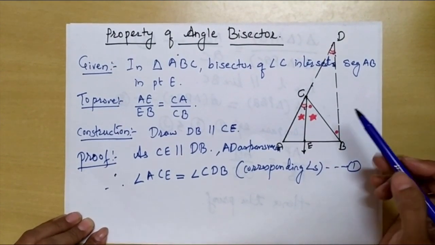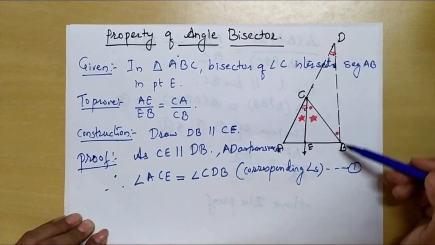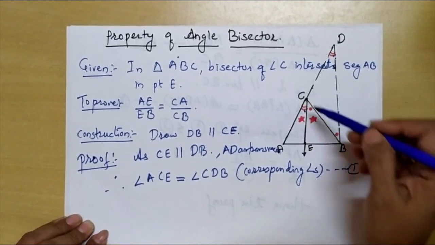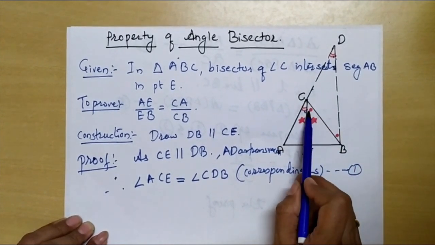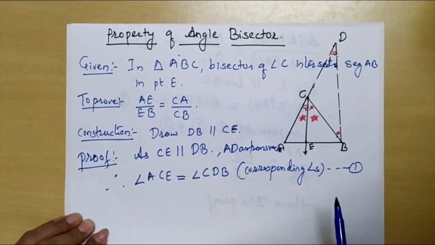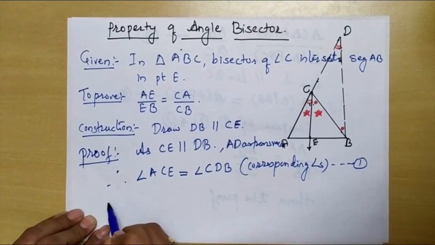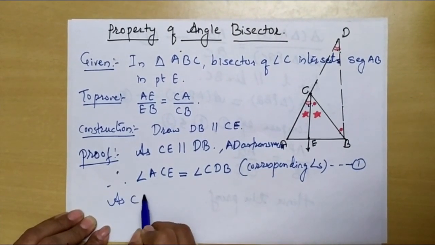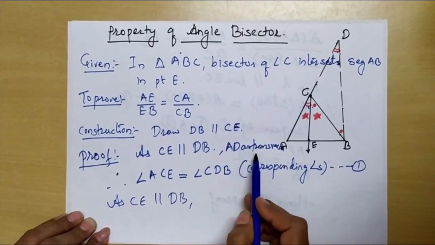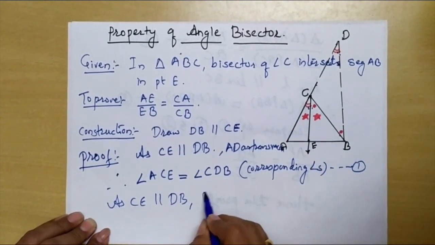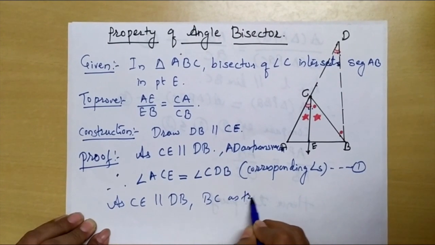Now again consider CE parallel to DB and consider BC as transversal. As BC is the transversal, we'll get these two pairs of angles as alternate angles. Again I'll write, as CE is parallel to DB, now instead of AD as transversal, we are considering BC as transversal.